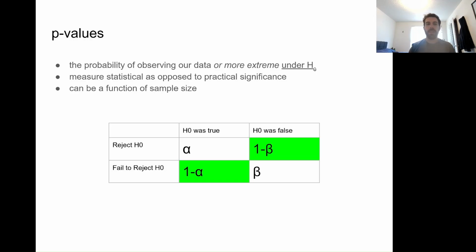And then the other thing I want you to know, and this is a little bit outside the scope of this class, is that it can be a function of sample size. As you collect more and more data, your ability to detect smaller and smaller differences increases. And again, we're getting statistical significance, not practical significance.